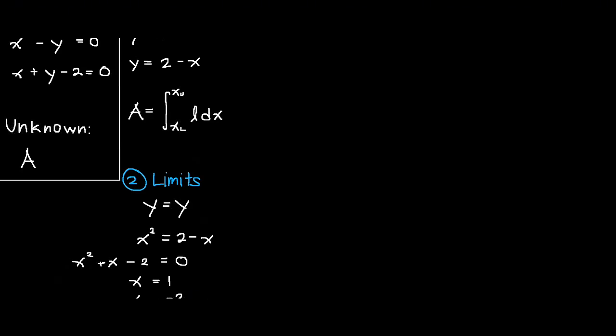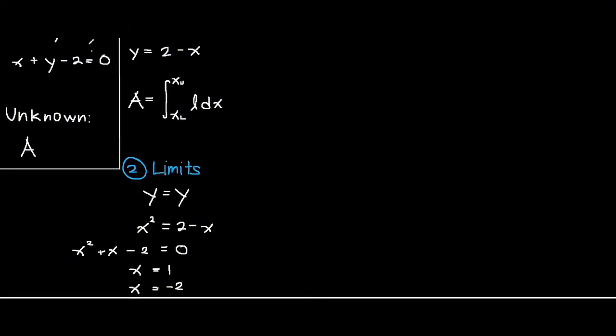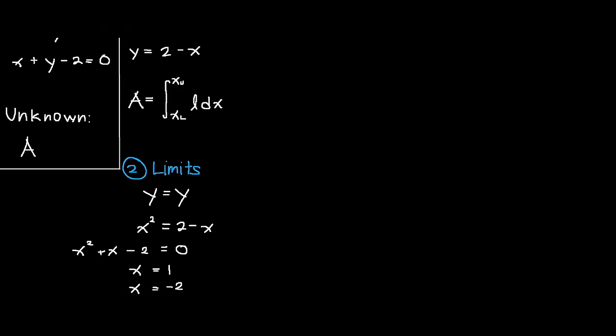And with that information, pwede natin malagyan to ng name sa variable. So we have x, and sino sa kanila yung mas mababa? Automatic si negative 2.